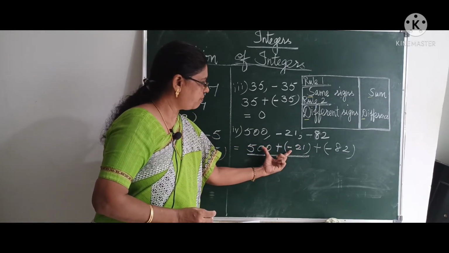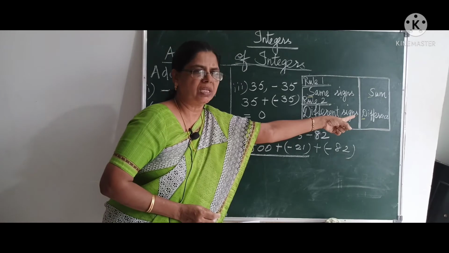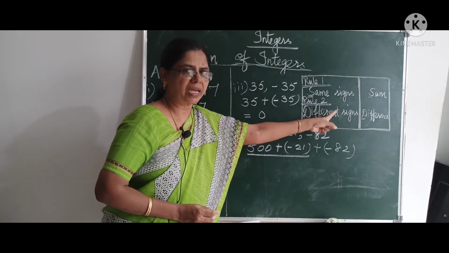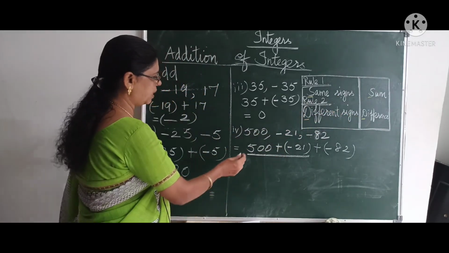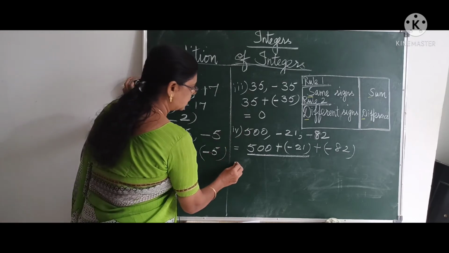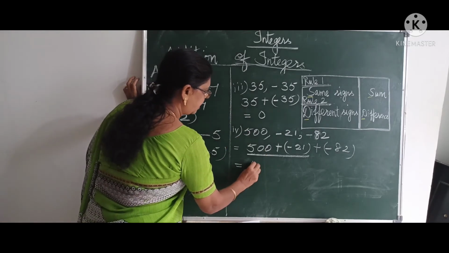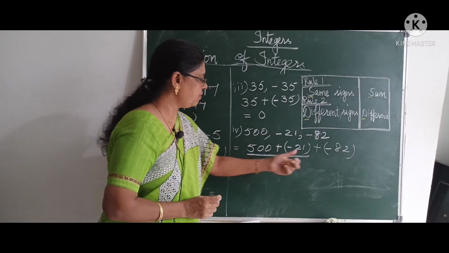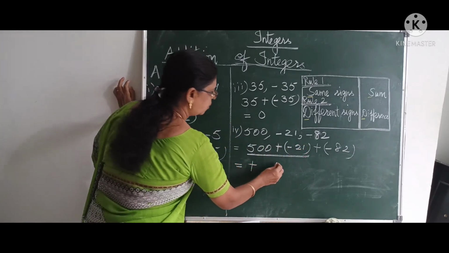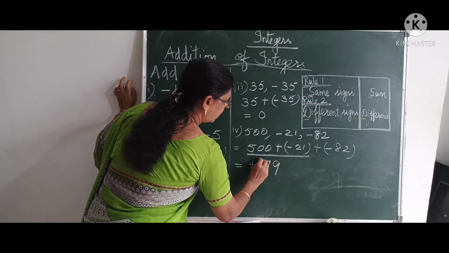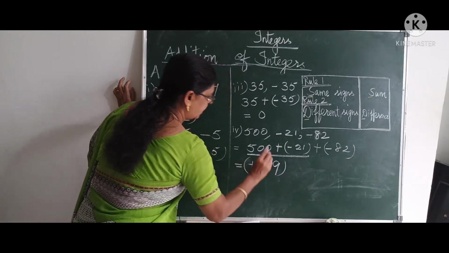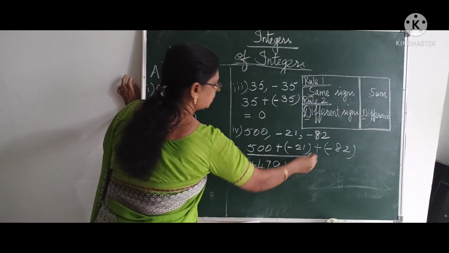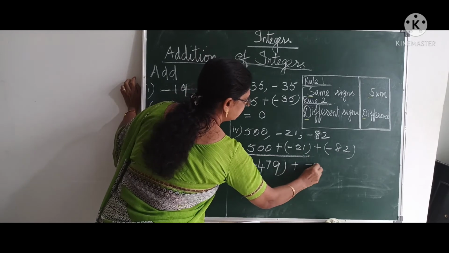So when there are different signs, find out the difference and put the sign of the greater number regardless of its sign. So greater number is 500, so it will be plus. And find out the difference between 500 and 21. It is 479. Then you have to bring the next integer down.